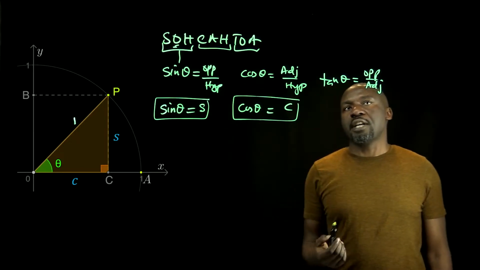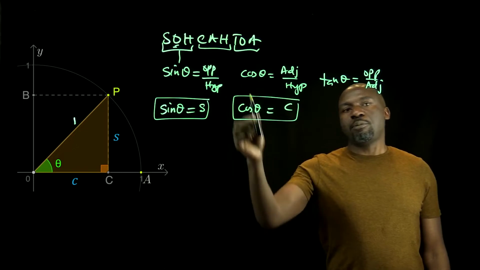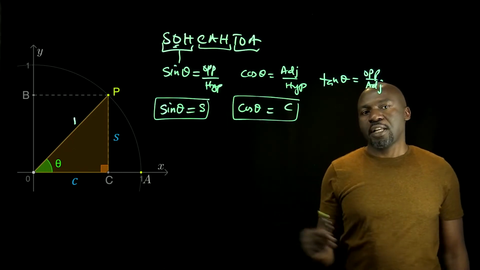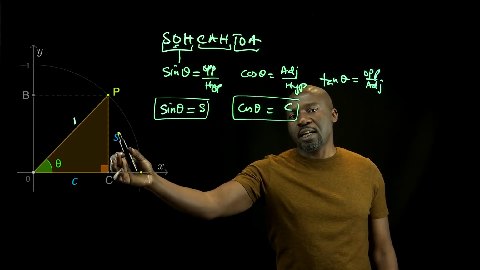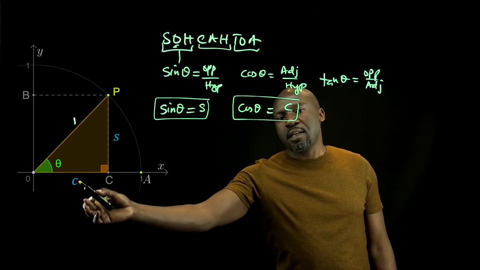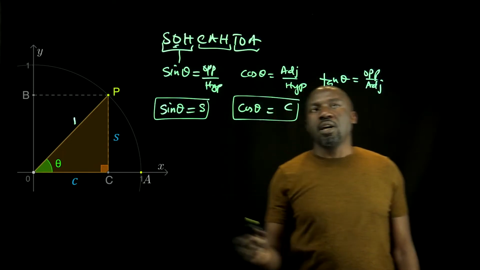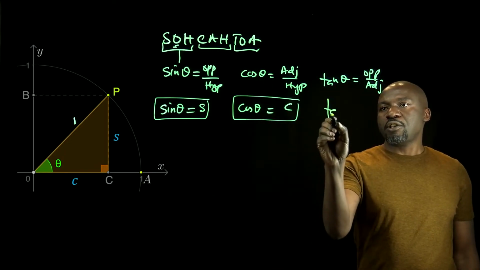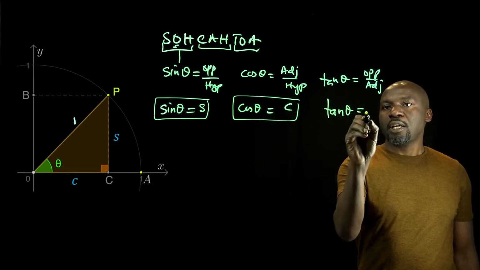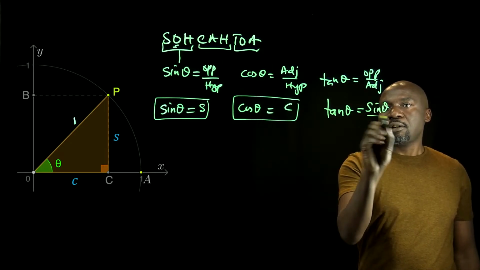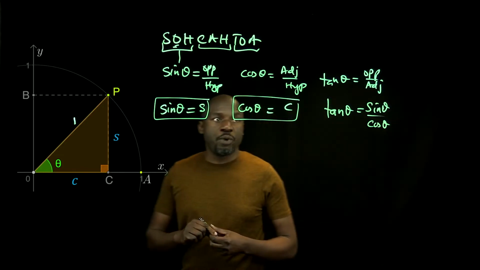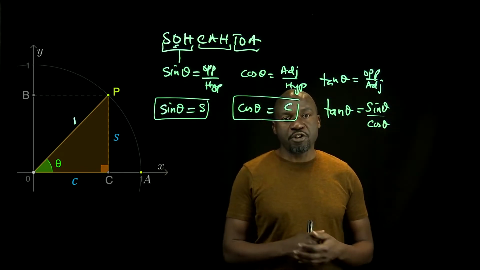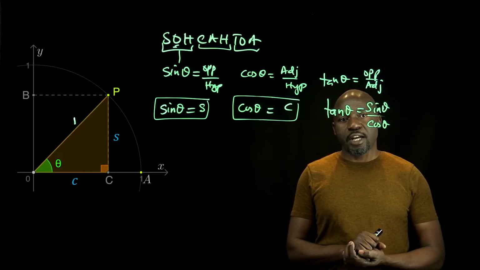All right, and the tangent of an angle is the opposite over the adjacent. Because we have said the opposite is sine of theta and the adjacent is cosine of theta, we can easily write tangent of theta to be sine of theta over cosine of theta, like that. And this is how we will now define trigonometric ratios for sine, cosine, and tangent.